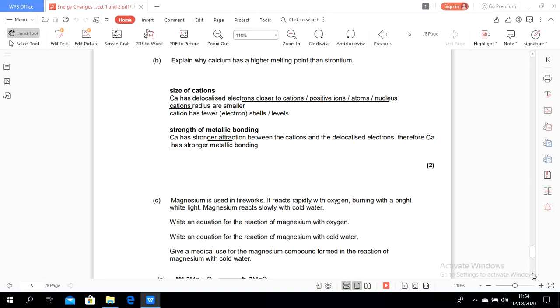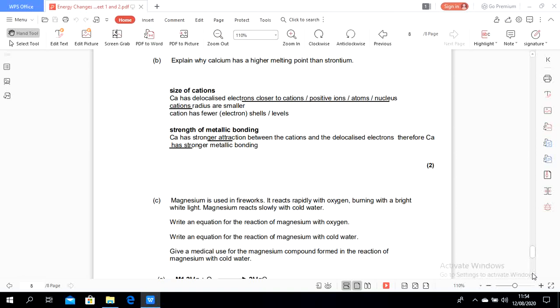In the data booklet, we can see calcium and strontium. In the cation, calcium has a smaller radius than strontium, meaning that calcium is smaller, so it is closer to the nucleus. Closer to the nucleus means fewer shells. Fewer shells means stronger nuclear charge.